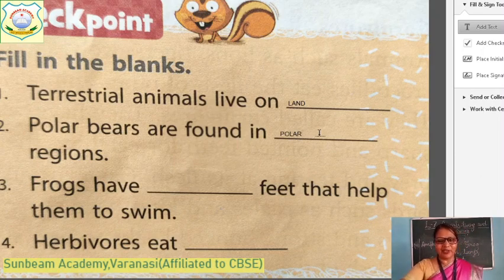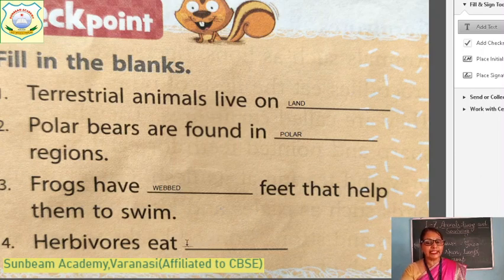Frogs have a special type of feet. What type of feet help them to swim? They have webbed feet. Webbed feet help them to swim. And what do herbivores eat?